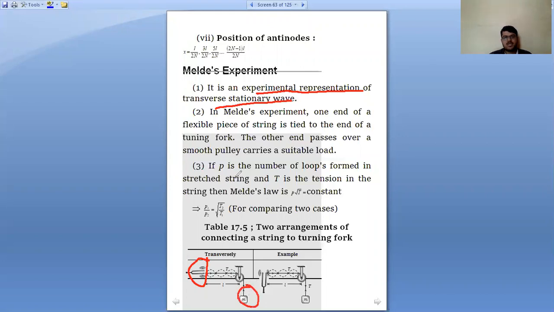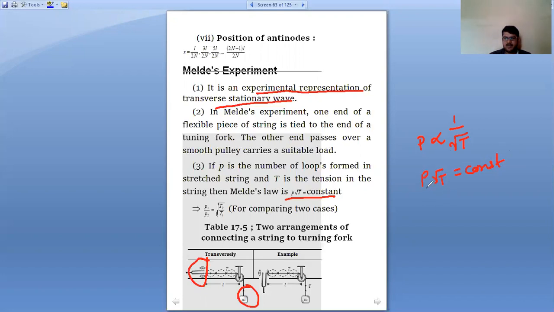Now if P is the number of loops formed in the stretched string and T is the tension in the string, then what is Melde's law? P is inversely proportional to root T. If we see here, P into root T is equal to constant, and therefore for this, can I write like this?